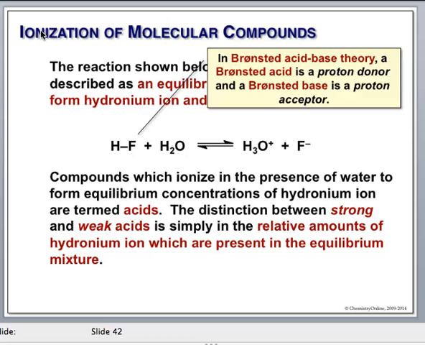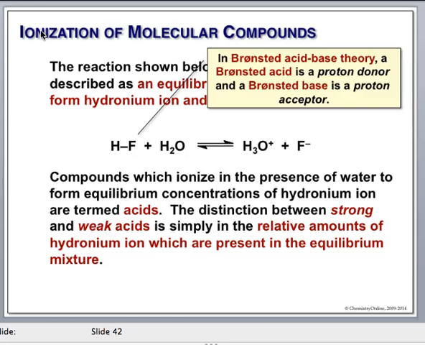The less hydronium you have, the weaker the acid. So if we say this is a weak acid, what we're saying is this back reaction goes very, very fast, so as soon as you form it, boom, you're back here again. So almost everything here is going to be HF.